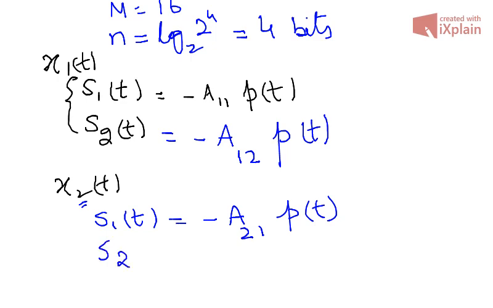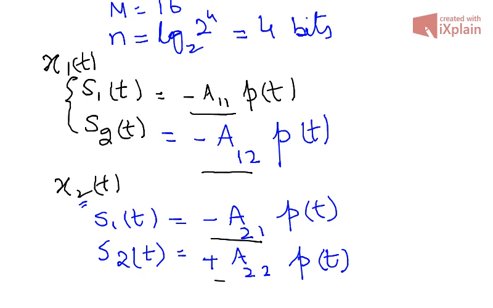Similarly, your S2 of t would be the image of the second signal, positive, over the second axis, or over the sine 2 pi fct. So you can observe that our AIs may be negative or positive depending upon the symbol or the signal you transmit.